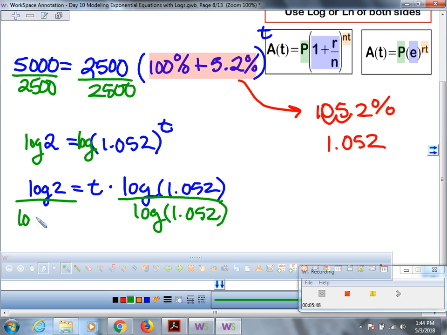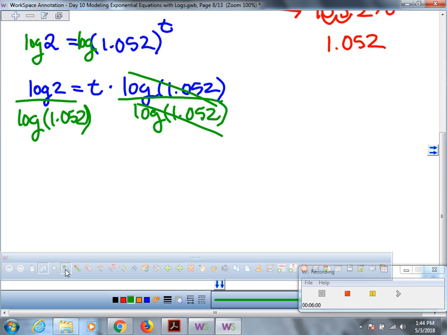And now we just really need to practice putting that in our calculator. So what is log 2 divided by log 1.052? Put it in your calculator. Log 2 divided by log 1.052.